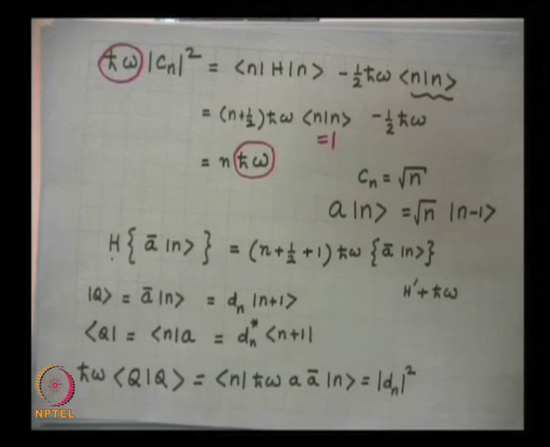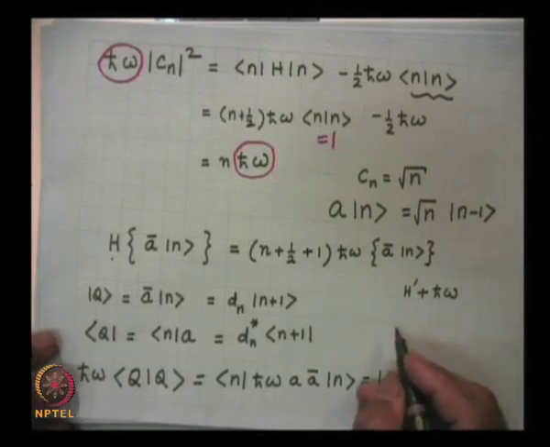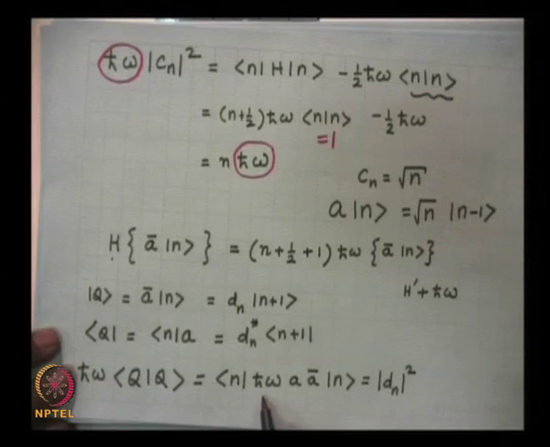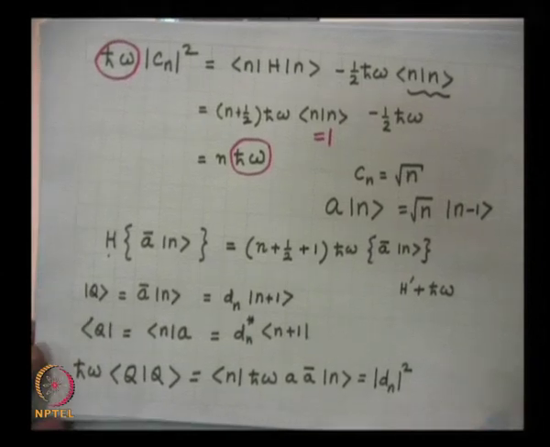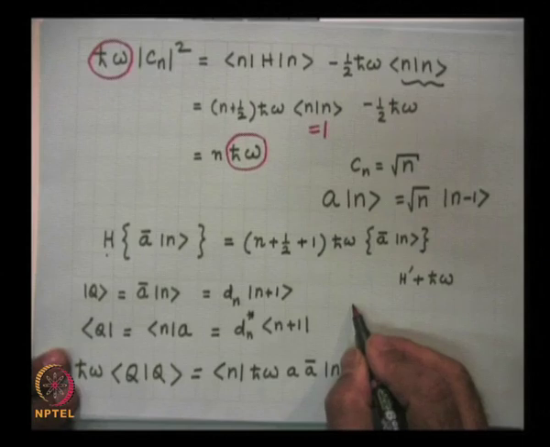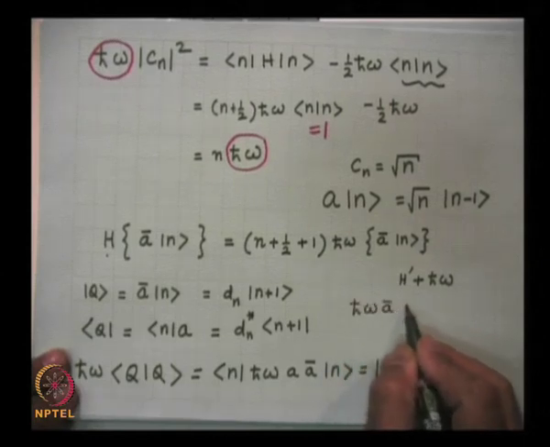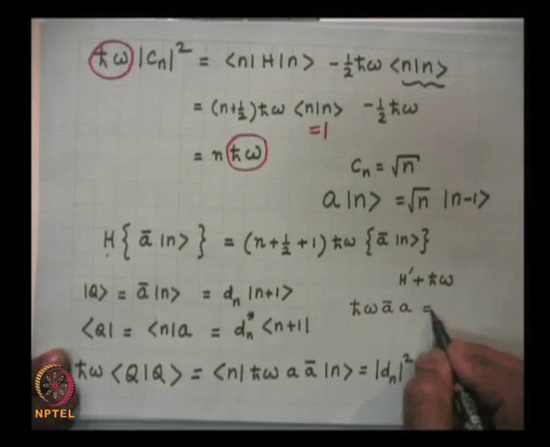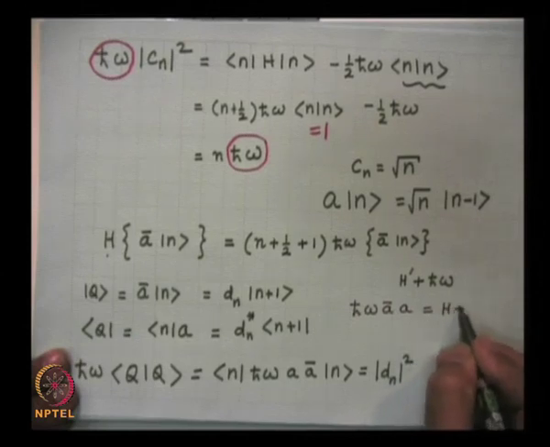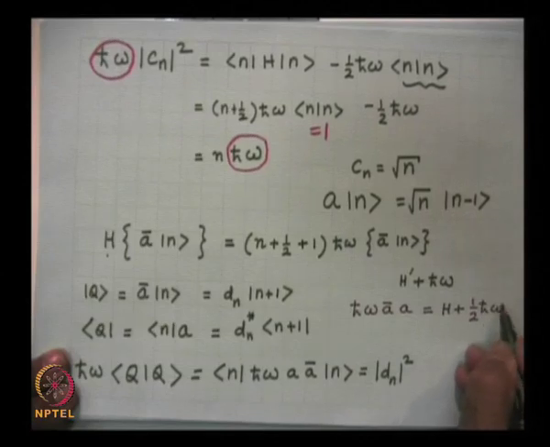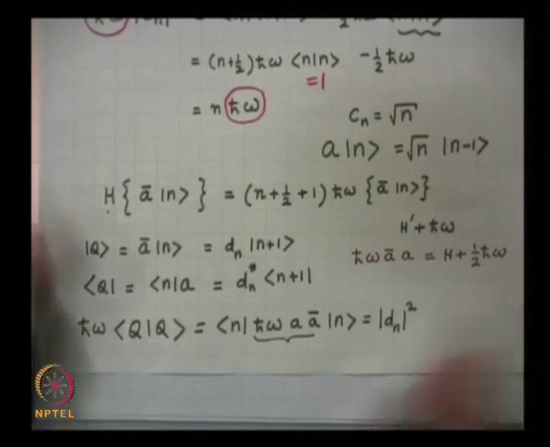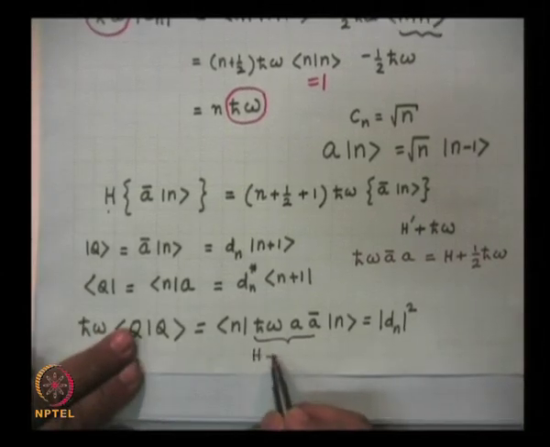Now, in yesterday's lecture, the lecture before this, we had derived that h cross omega a bar a was equal to h plus half h cross omega. So, this quantity is h plus half h cross omega.